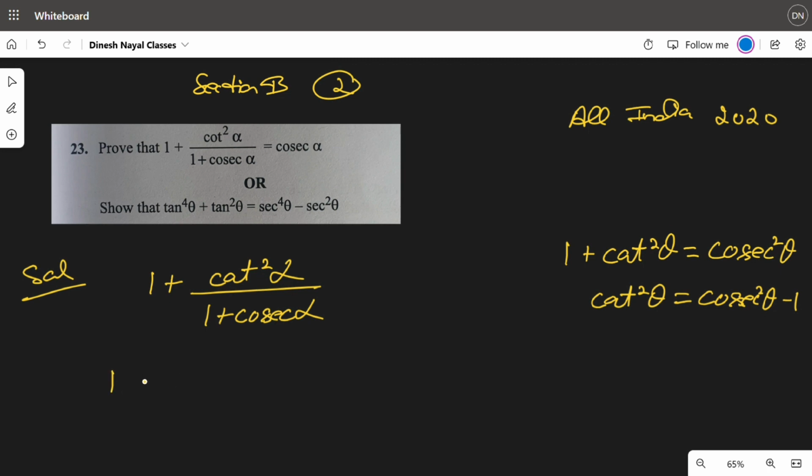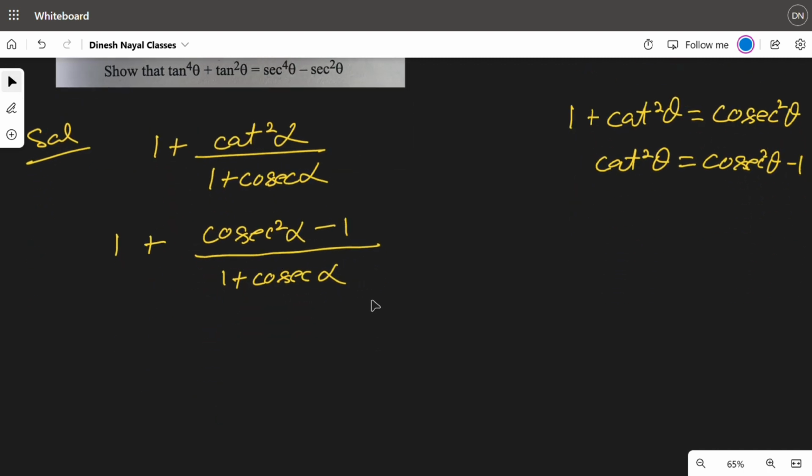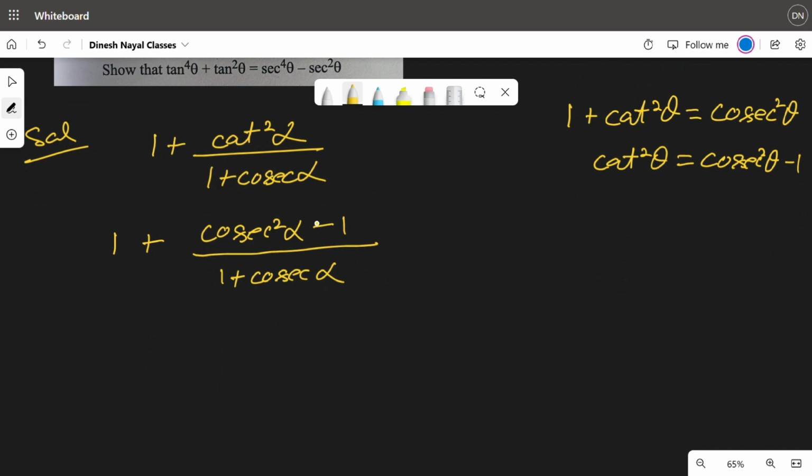So I'm writing it over here: 1 plus this, you can write cosec square alpha minus 1, upon 1 plus cosec alpha. Now you see, you can write 1 as 1 square. Now use the identity a square minus b square equals a plus b into a minus b.